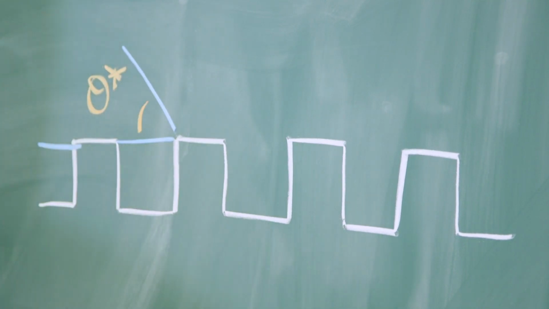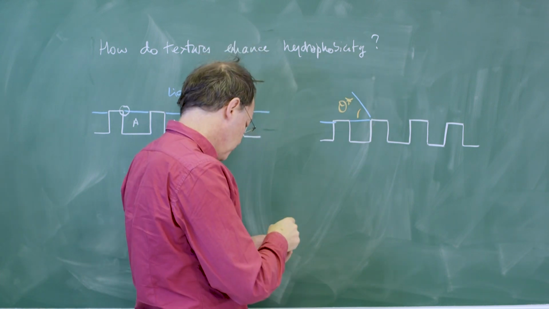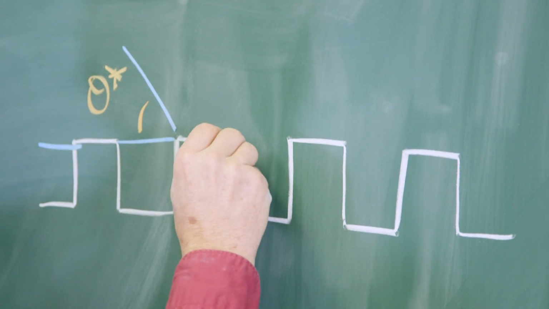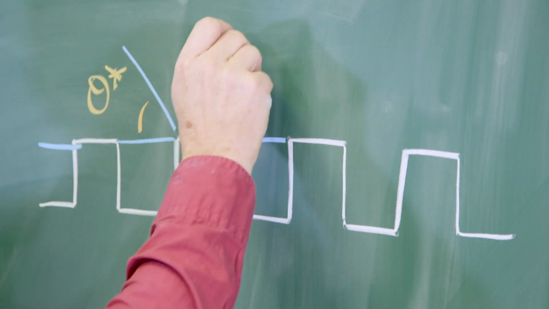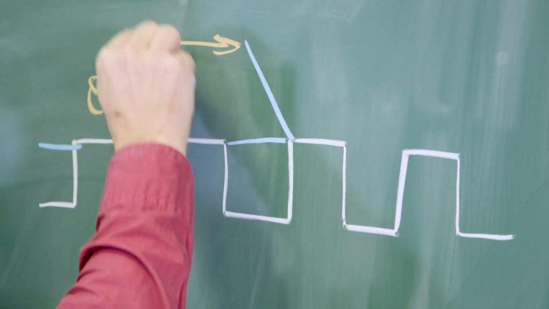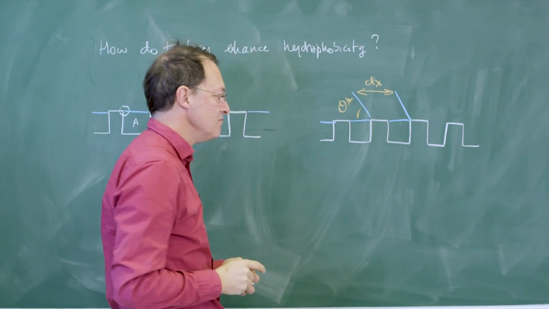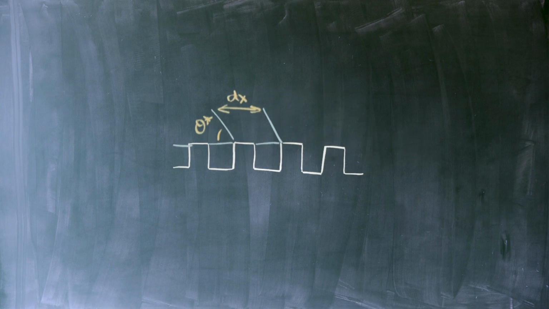Its name is theta star, and we consider the last jump of the drop to find its equilibrium position. This little jump is defined by some quantity here, which I call dx. And we are going to look at the variation of surface energy arising from this little jump.